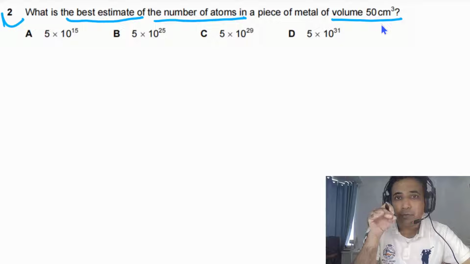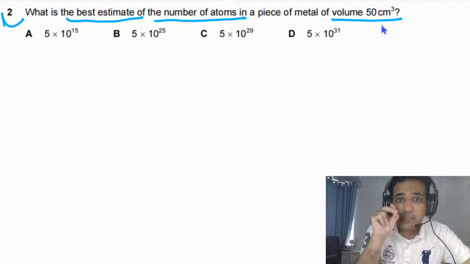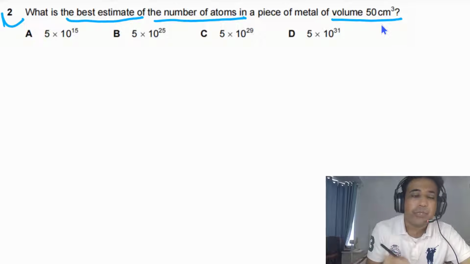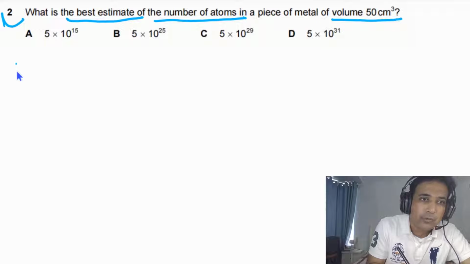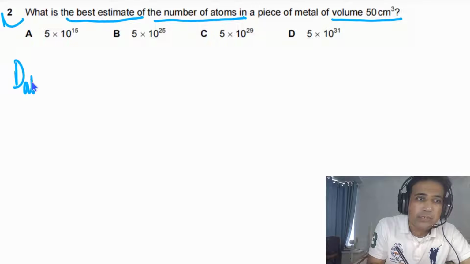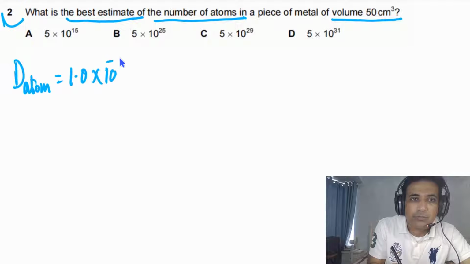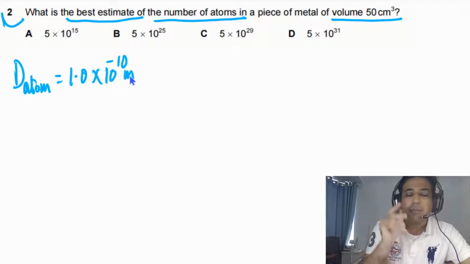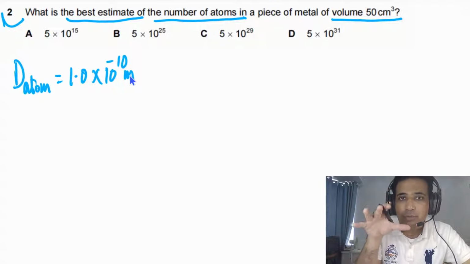In order to find the volume of a single atom, we need the diameter or radius of a single atom. We will start with the diameter of a single atom, which is equal to 1.0 times 10 to minus 10 meters. This number is important. You need to remember the diameter of a single atom.